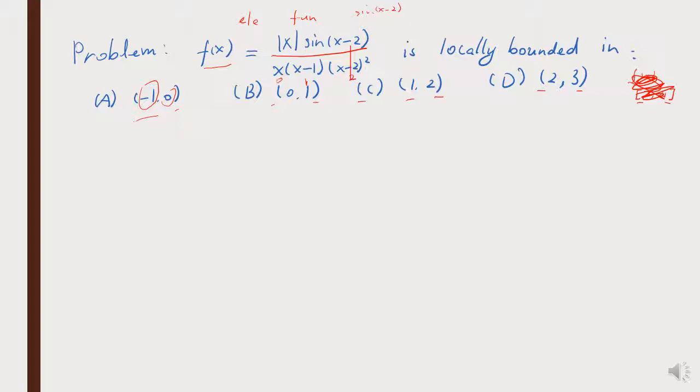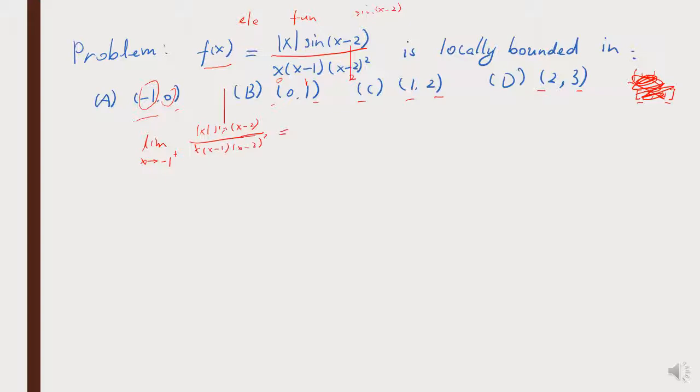Okay, so let's try the first one. The limit when x approaches -1 from the right. I will just write this down again to make it look clearer.